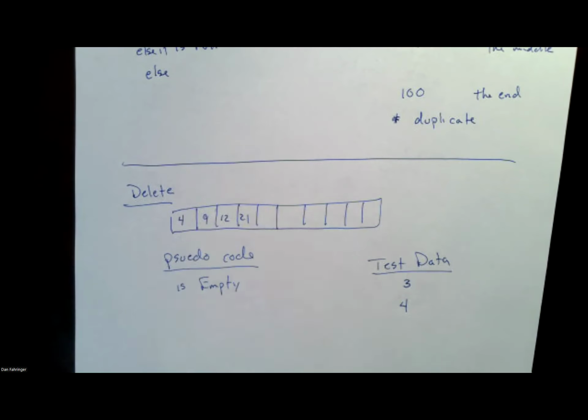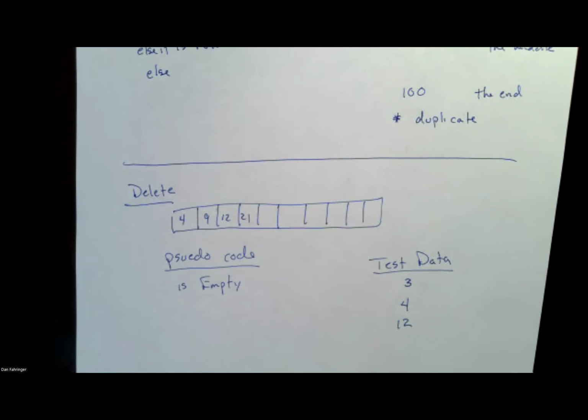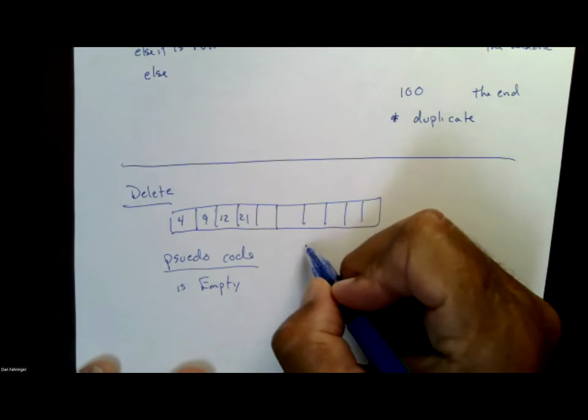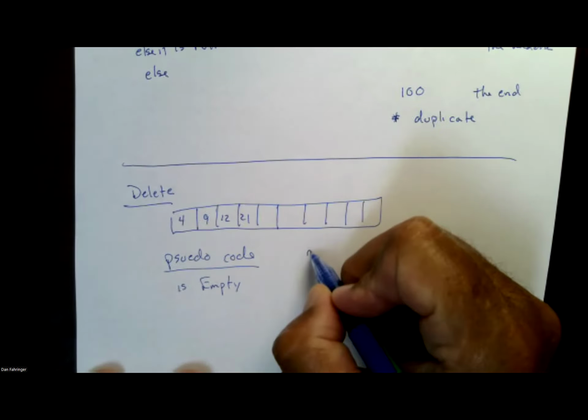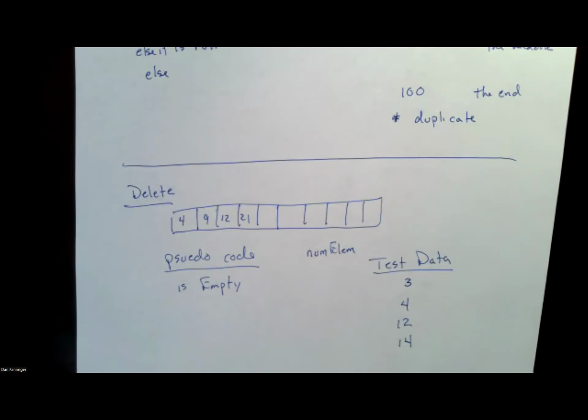It's right there near the beginning. How about 12? Something in the middle. How about 14? How does that change things? I know when I'm deleting, if the number is found and deleted, that num elements is going to have to change. Going to have to come down one.